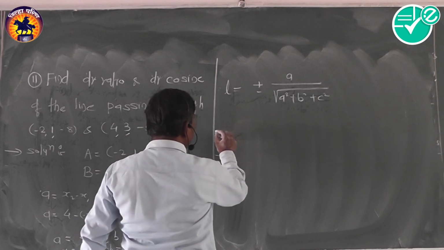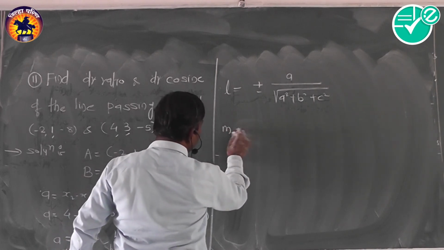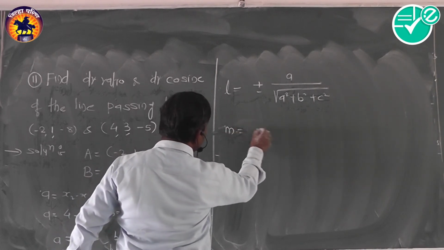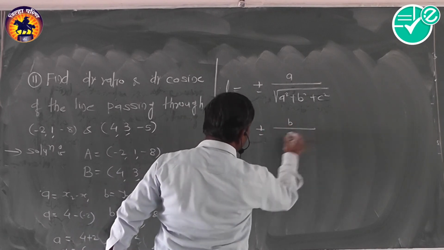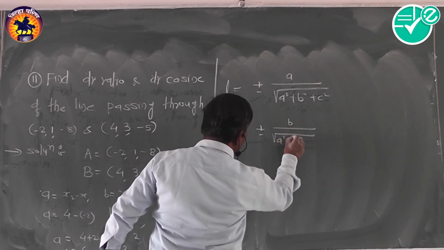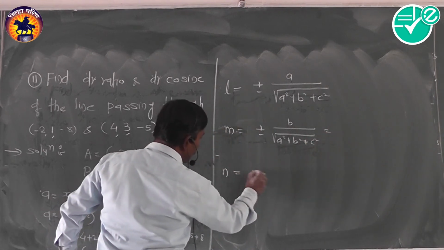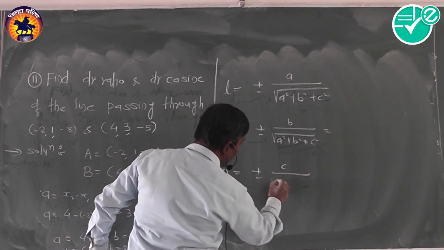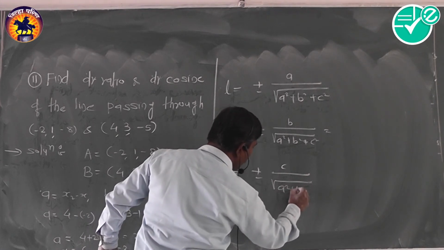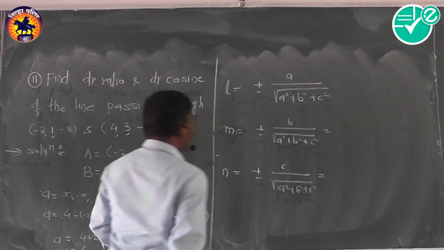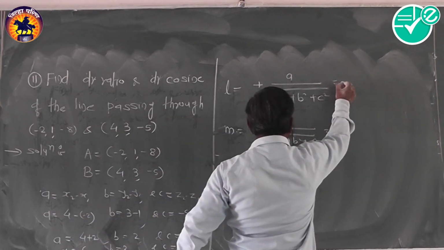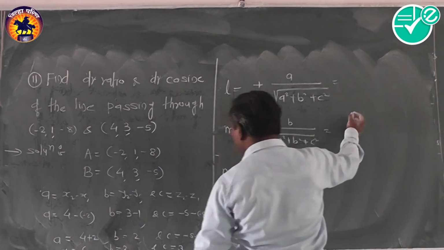Now m, similarly, plus or minus b divided by under root a square plus b square plus c square, and n is plus or minus c divided by under root a square plus b square plus c square. So here, what is a? a means 6.